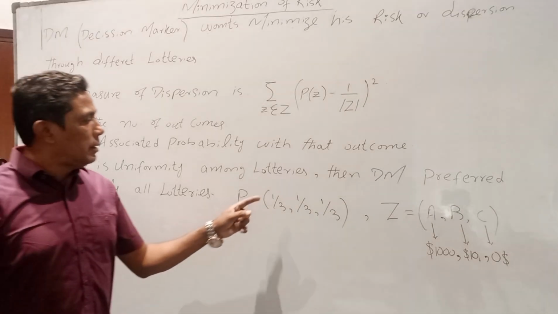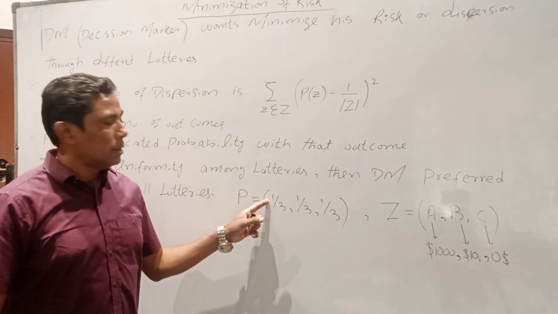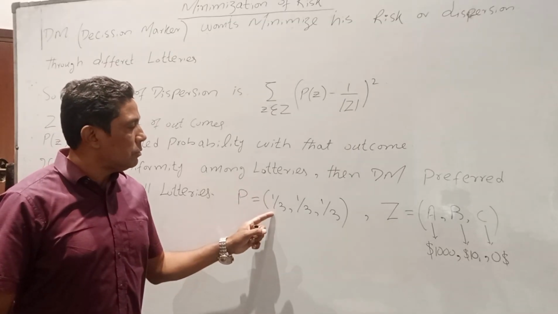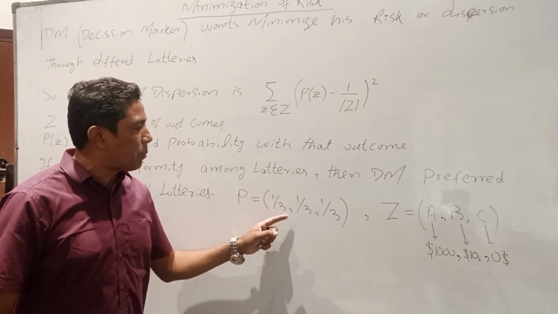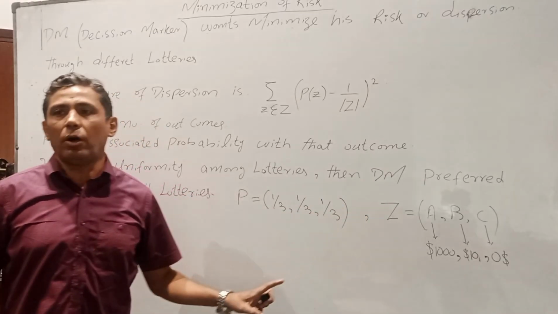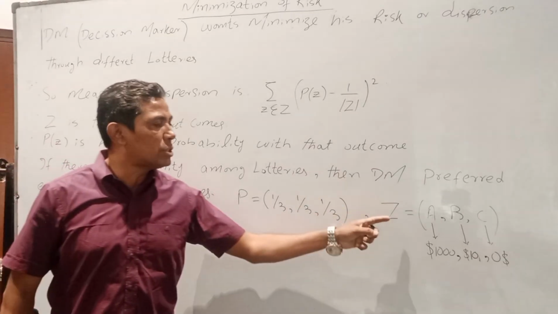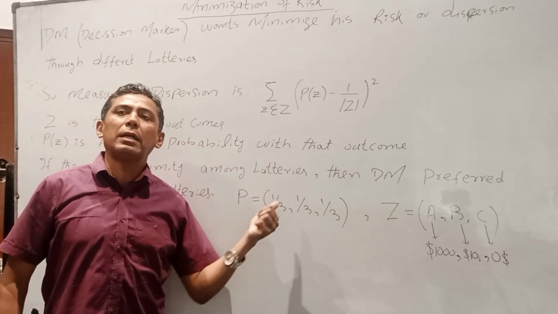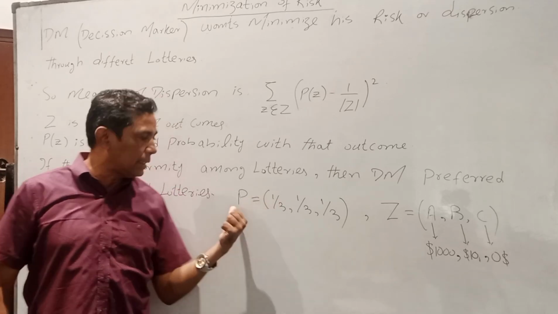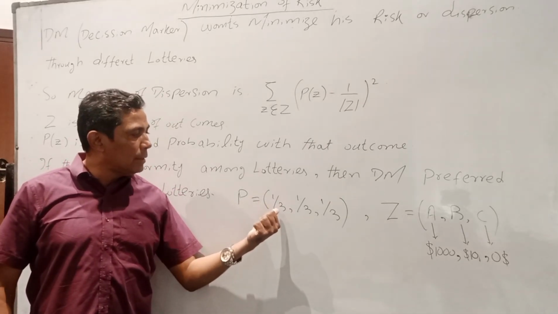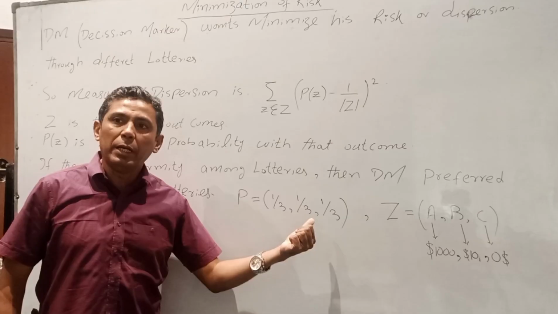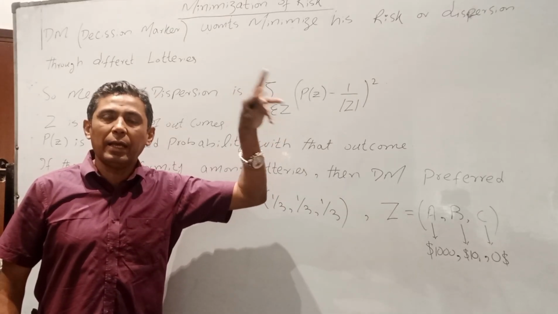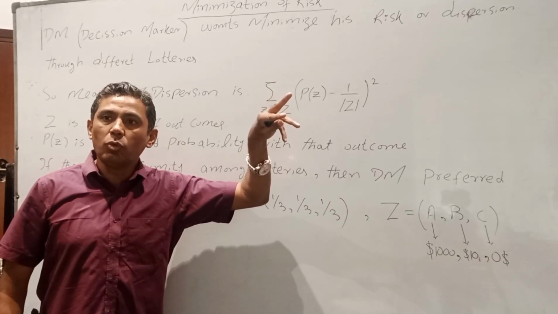And that is a lottery which has different associated probabilities for each level of outcome, where the outcome belongs to set Z, right? So what is the probability in that lottery if you decide to play lottery P? There are different probabilities which we have covered in compound and simple lotteries, like a coin head has a different probability to win.